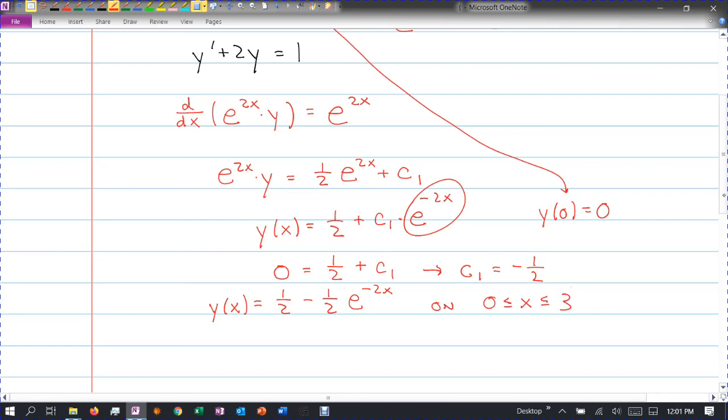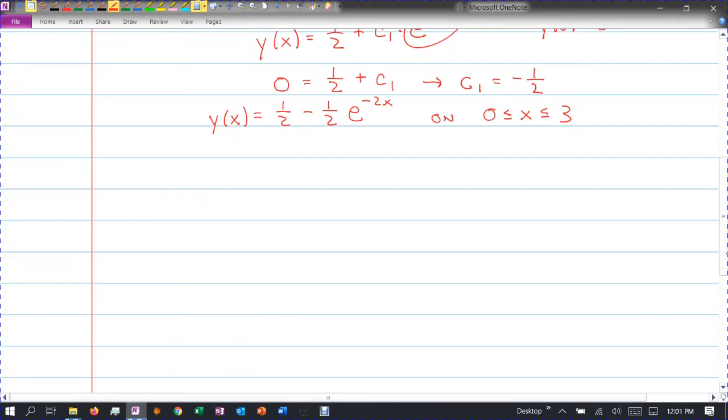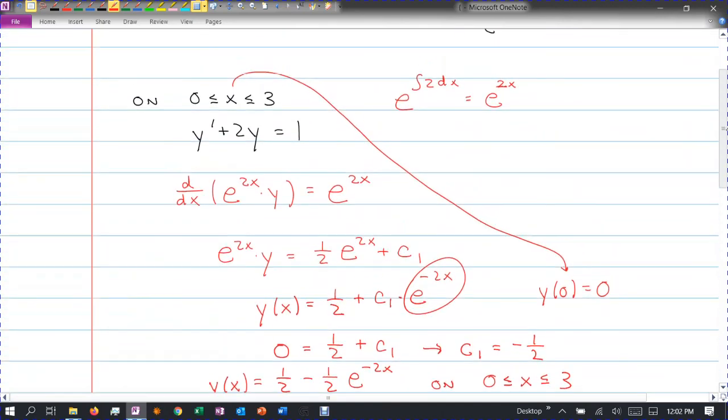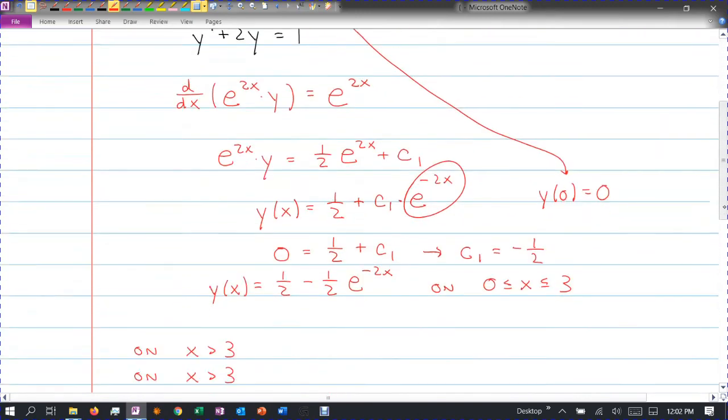Now we're going to start the problem over again, and say that if we're looking on the interval where x is bigger than 3, then our differential equation becomes y prime plus 2y equals, well now we're where x is bigger than 3, so if we go back up to our piecewise function, our function must be 0.